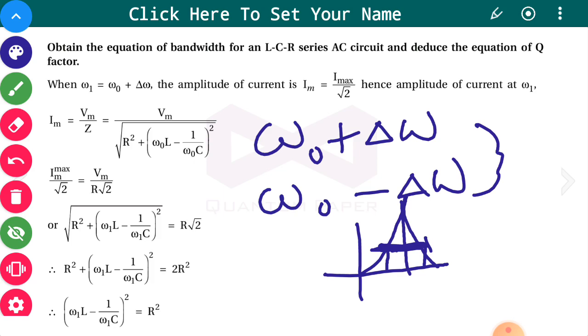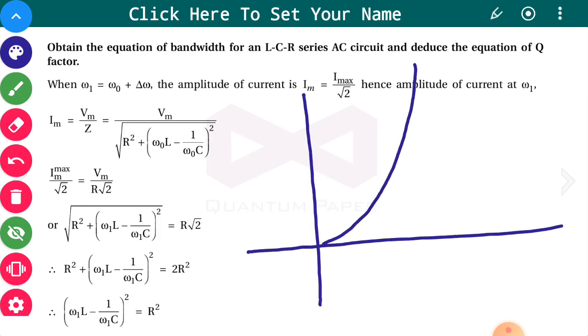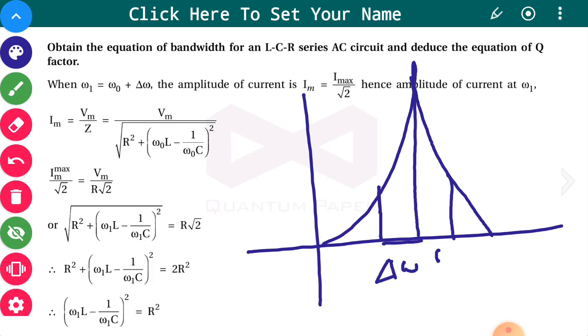Whenever we talk about the bandwidth, try to understand this way. We have a graph. You are tuning the radio, from this particular place you are able to listen to the sound, then it becomes maximum, then it becomes minimum. So this gap is delta omega, this is also delta omega, and this is your resonant frequency omega 0.